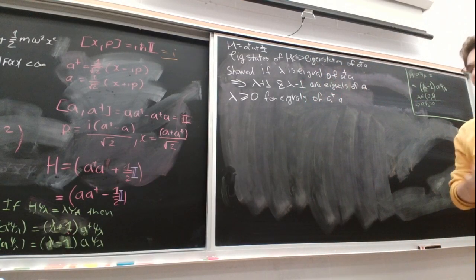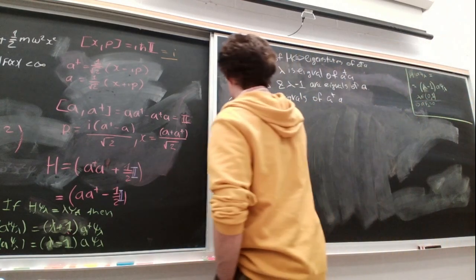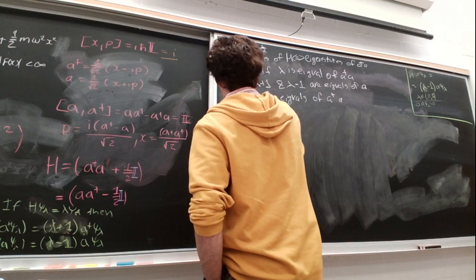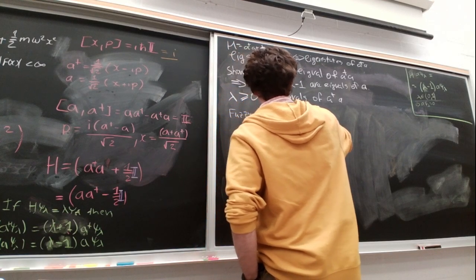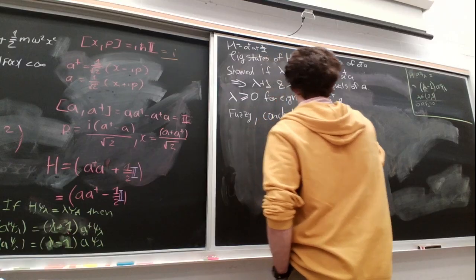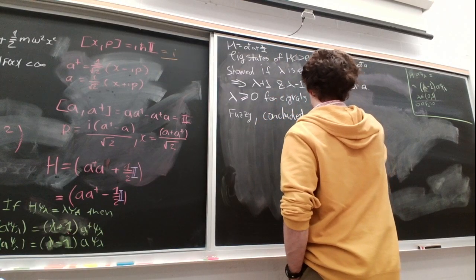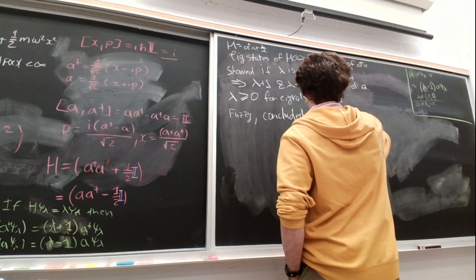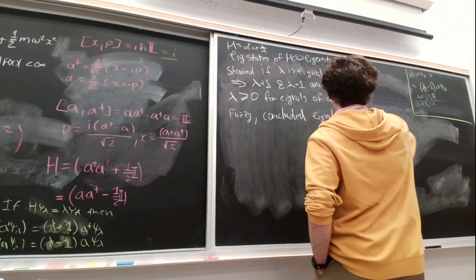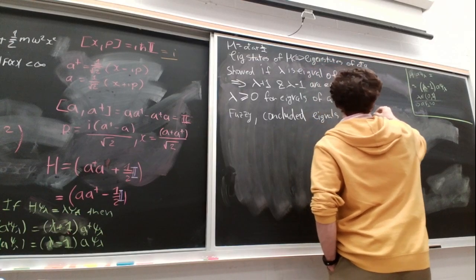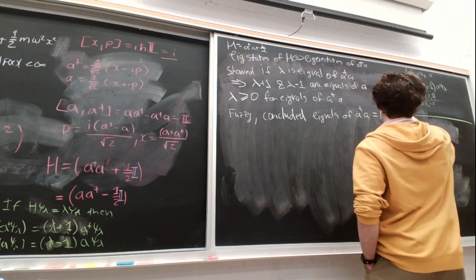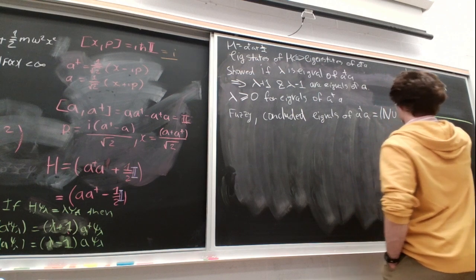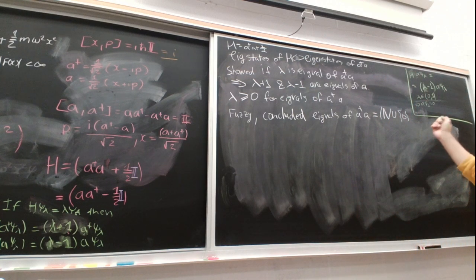Do you agree? And so, a bit fuzzy, but we concluded that the eigenvalues of A dagger A are the natural numbers union 0, or at least a subset of this.